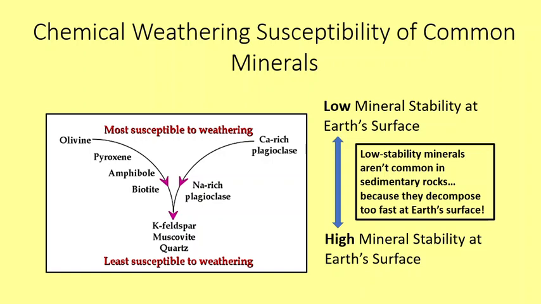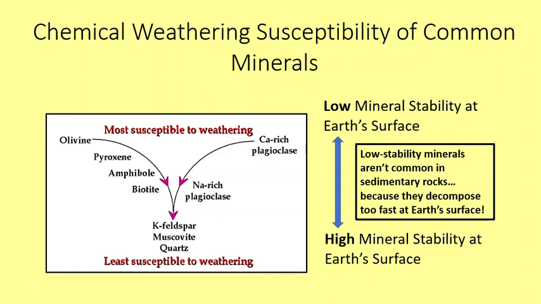That just means they're broken down chemically more easily in the environment. And lower temperature minerals like K-spar, muscovite, and quartz, and also clay minerals, I would add, are less susceptible to chemical weathering. That just means that they're going to hang around longer in the environment. They're not going to go away.